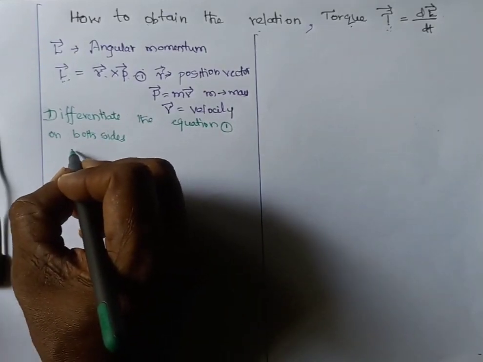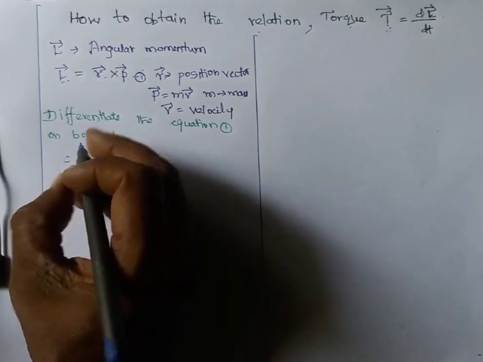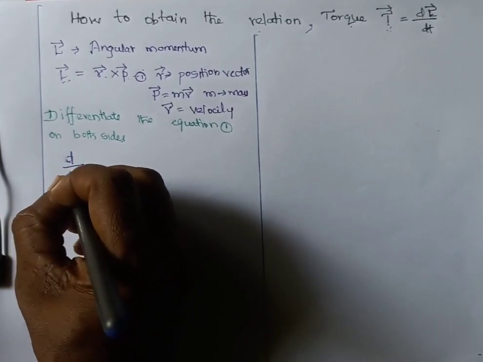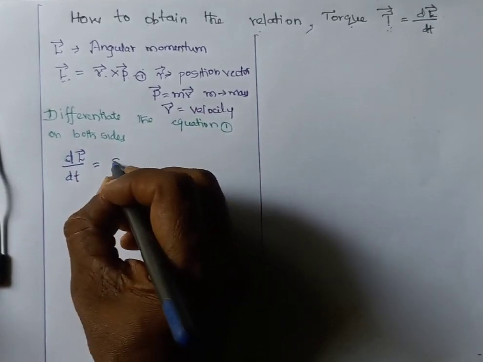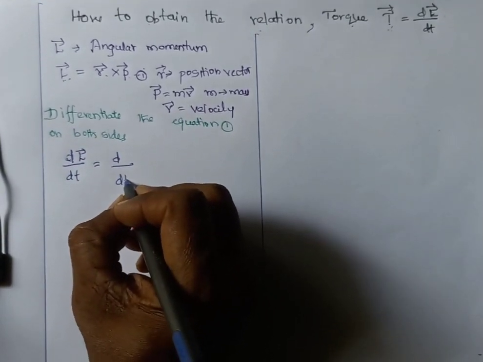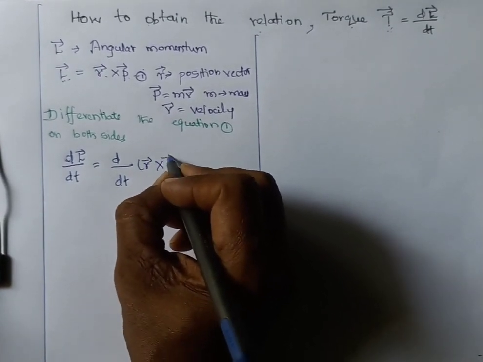Here, d by dt of vector L is equal to d by dt of vector R cross vector P.